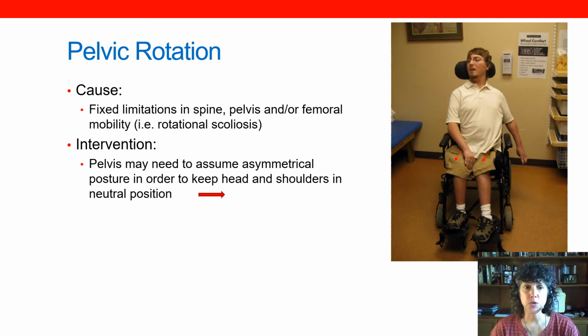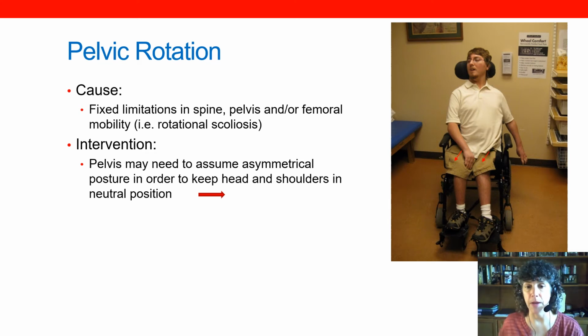Now, sometimes we have causes of pelvic rotation that are fixed, non-reducible. It could be there's changes in the spine, the pelvis, femoral mobility, and this is often leading to a spinal rotation that subsequently leads to a pelvic rotation. Now in this case, sometimes when we straighten out the pelvis, the person who is seated is now facing off to the side, and we don't want this person facing their world from an angle.